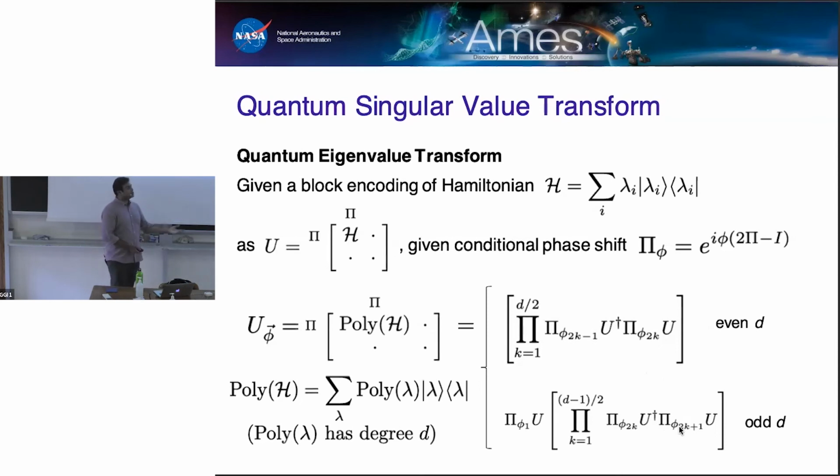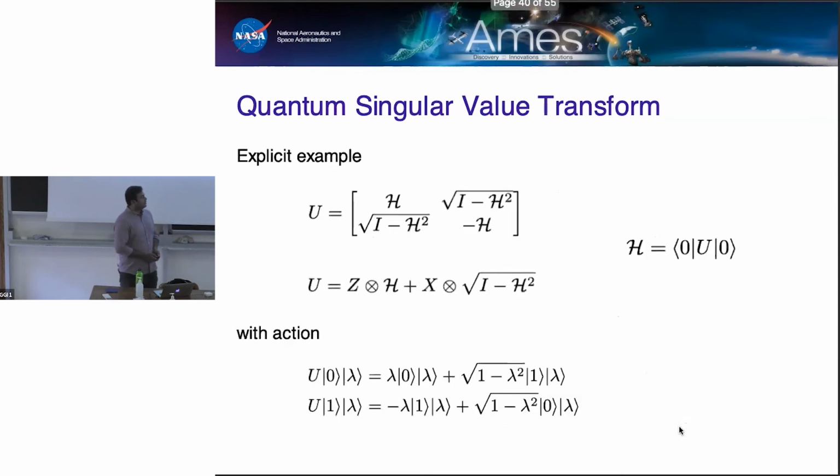As a very explicit example of a block encoding of a Hamiltonian, you could consider this particular case, where I'm just using a single ancillary qubit to block encode H. You could think of it as Z tensor H plus X tensor the square root of 1 minus H squared, and the square root of 1 minus H squared you could think of as a sum of the square root of 1 minus lambda squared times the projector on lambda.